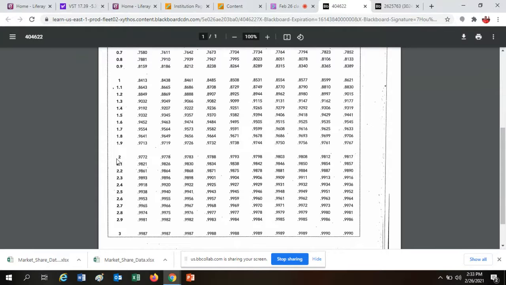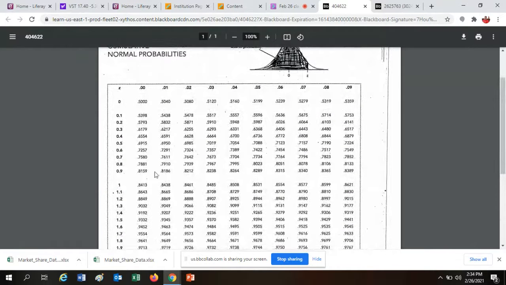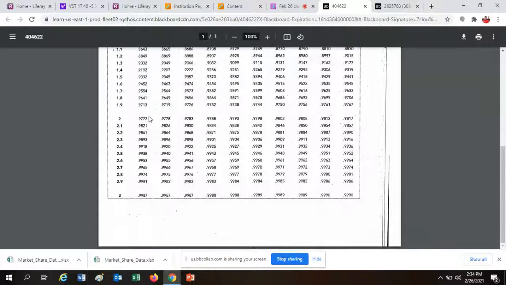I want the row that's 2.0. And what do I want the second decimal place to be? A 0 as well, which is this first column, right? So I go down to 2.00 and I end up with 0.9772.